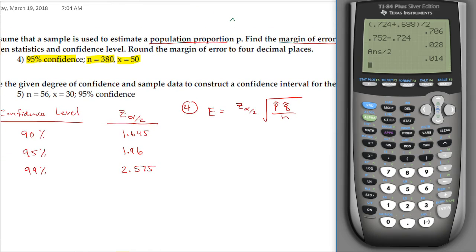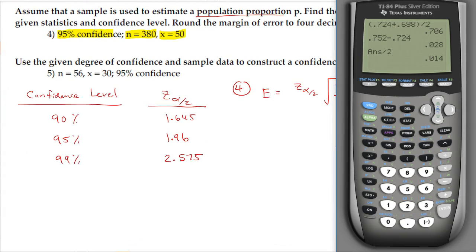So let's see what values we have. So the critical value, we do not have it, but if you guys remember in class, 95% is one of our common confidence levels, and the critical value does not change. The critical value for a confidence level of 95% is 1.96.